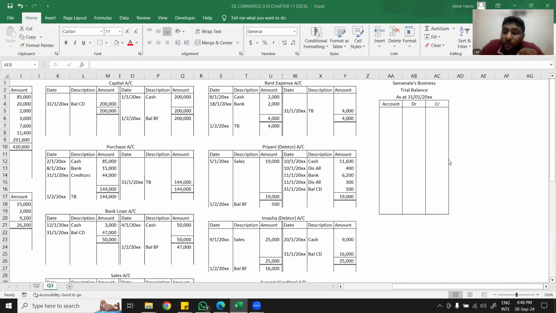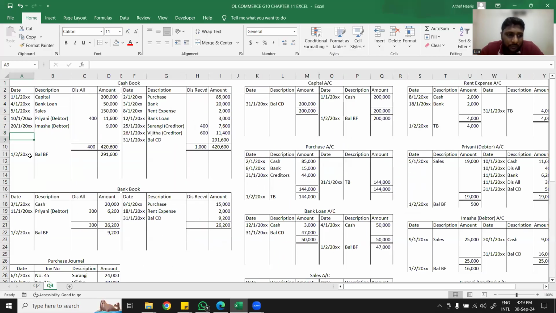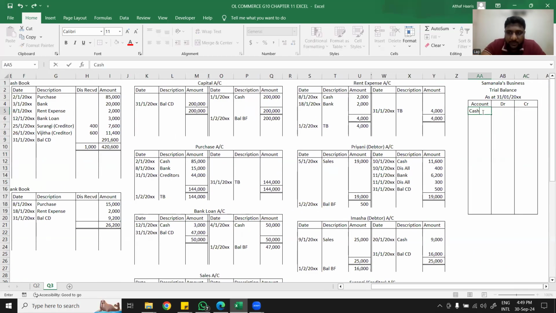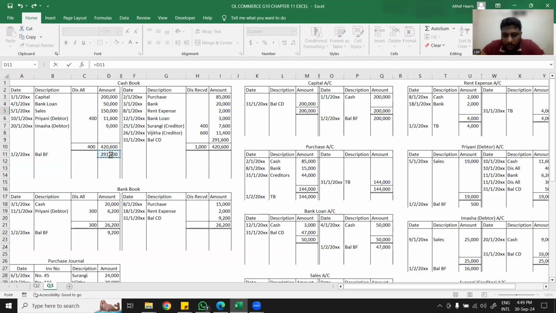You have to check the amounts below the balance. If you take the cash account, below the balancing 291,600 is there in the debit side. So you have to write it to the debit side. Cash account 291,600.